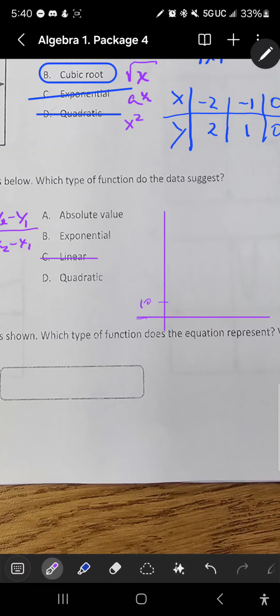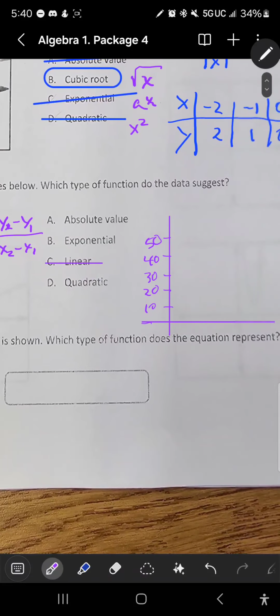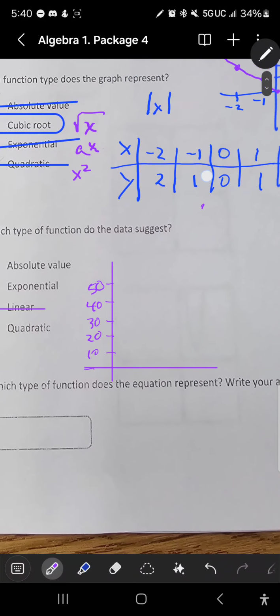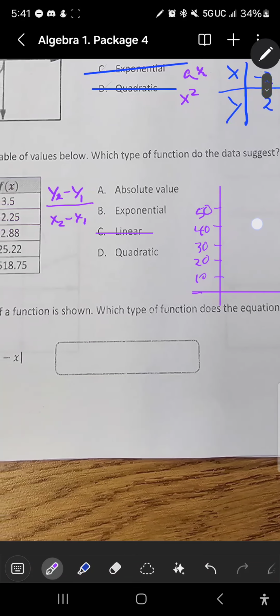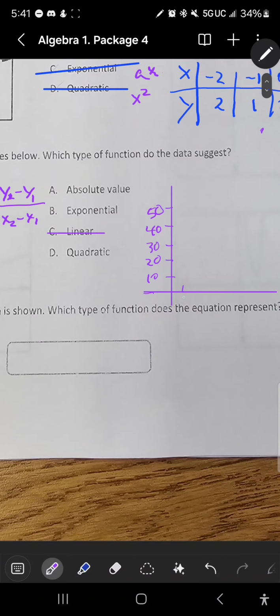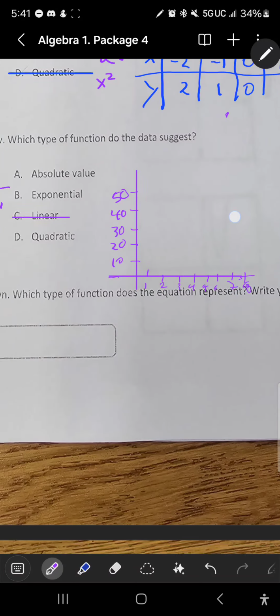So 10, 20, 30, 40, 50. I cannot put the 500 over here and the 2,000 all the way over here. So let's see. This is going to be 1, 2, 3, 4, 5, 6, 7, 8.